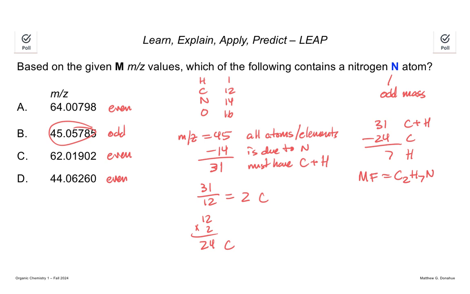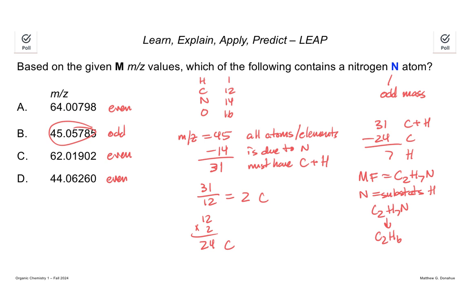And now, does this make sense with what we know in terms of finding degrees of unsaturation? So N subtracts from the hydrogen count. So we have 1 nitrogen, so our C2H7N has to become C2H6.